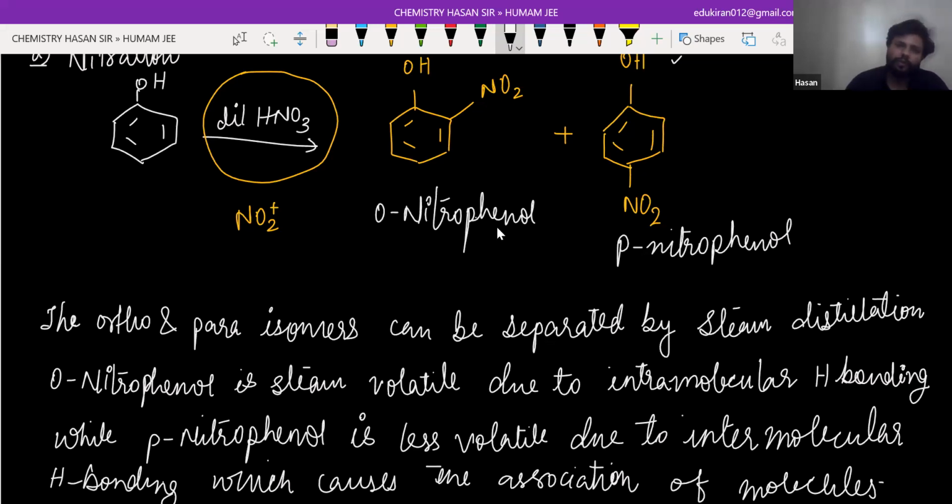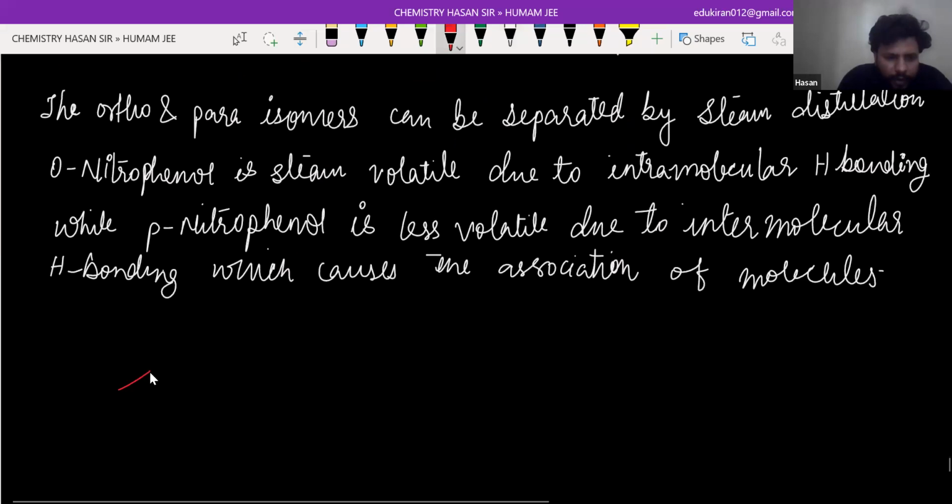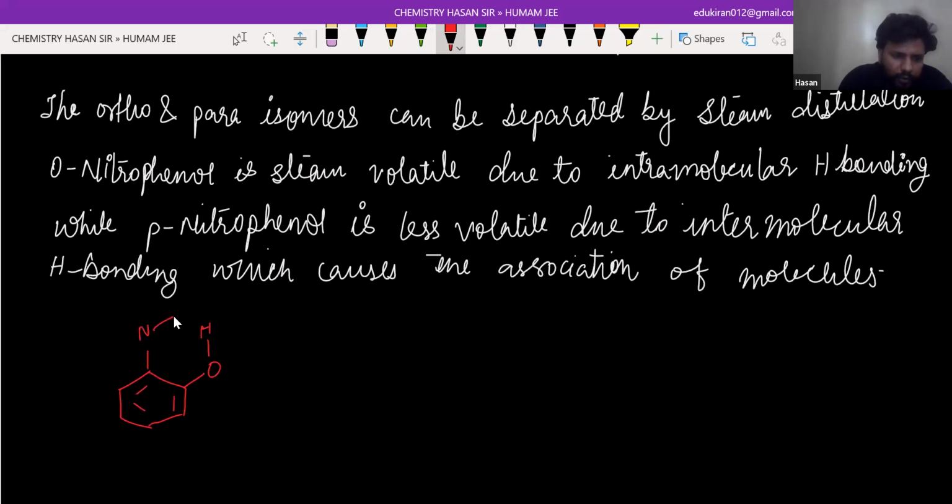So first you are going to write this. I'm going to show you. For intramolecular hydrogen bonding, this is your benzene, and there is OH, like this, and this is your nitro group, N double bonded to O, and there will be hydrogen bonding.